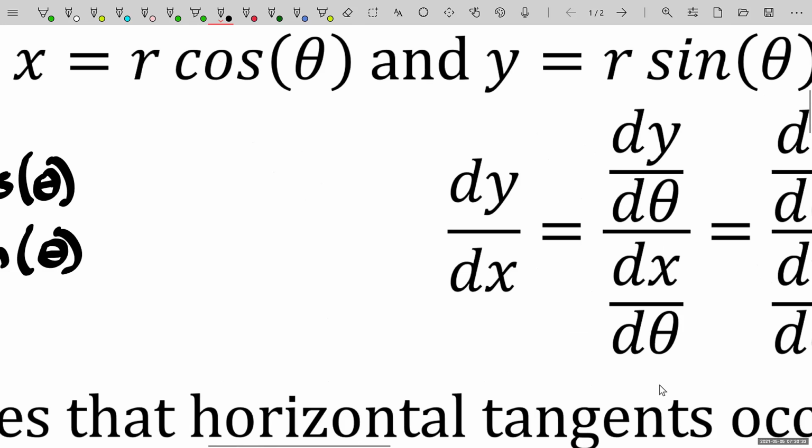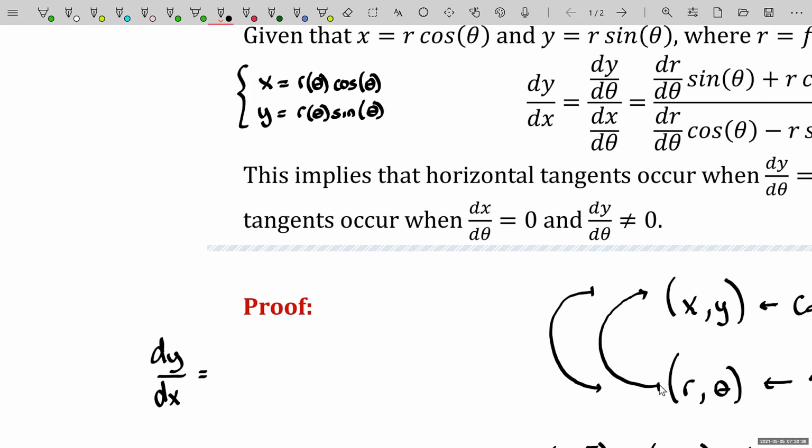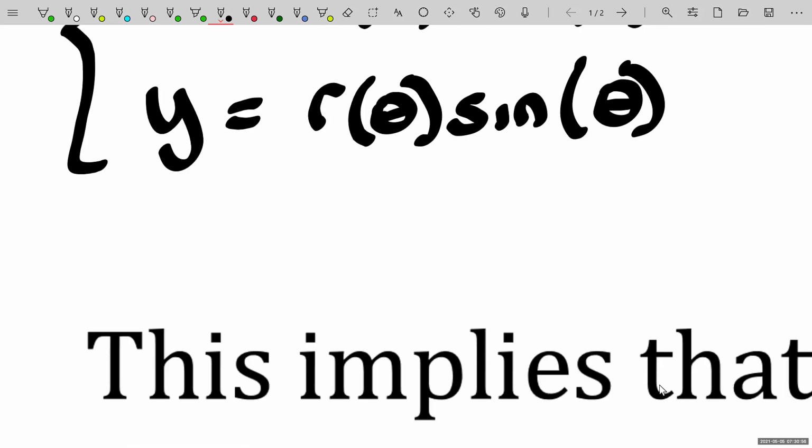So dy dx is equal to, we were writing it as dy dt the last two classes, now we're going to write it as dy d theta because that's the variable, over dx d theta. Then we're going to look at y here, and take the derivative of that function with respect to theta. That is a product of two functions of theta, and so we need to use the product rule.